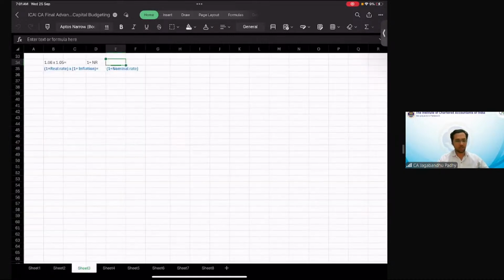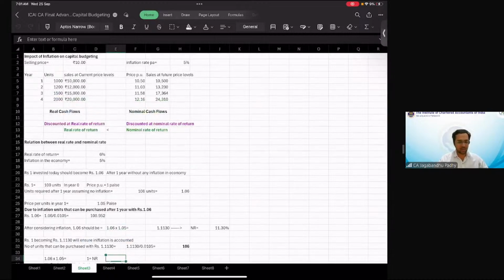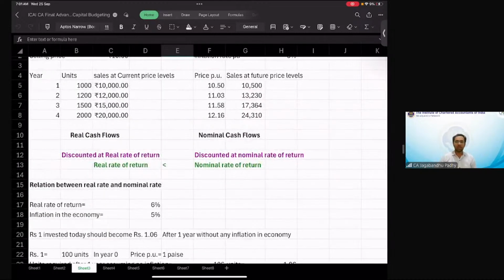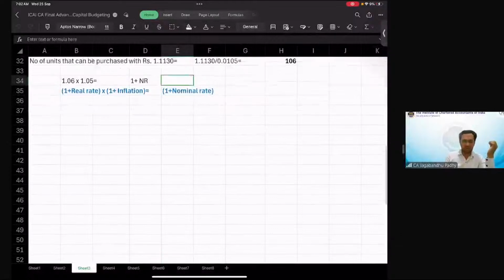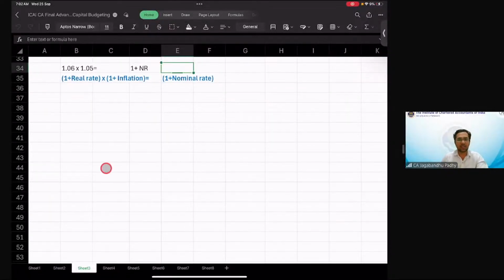So then we have started already with understanding that if the cash flows are expressed in real terms, that is, if the cash flows are expected at current price levels, then they should be ideally discounted at real rate of return. Whereas if your cash flows are presented in nominal terms, then they should be discounted at nominal rate of return. We also saw the relationship between the real rate, inflation, and the nominal rate.